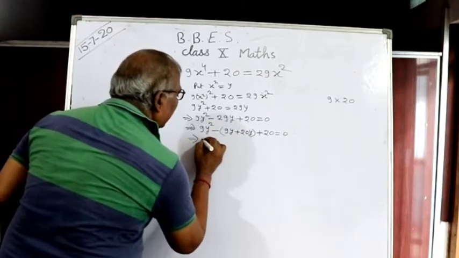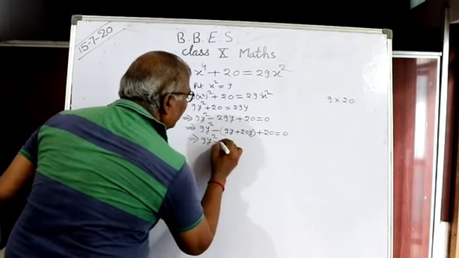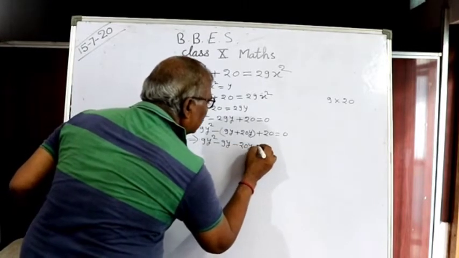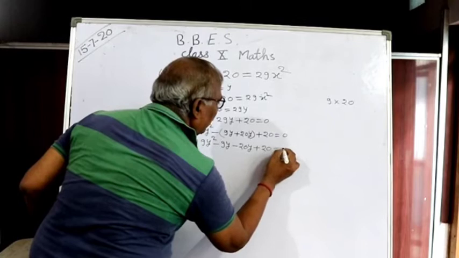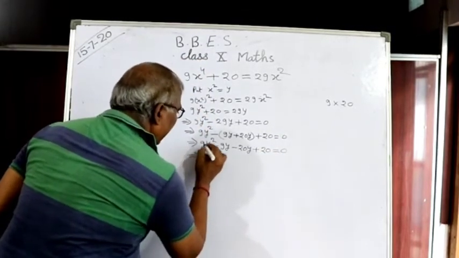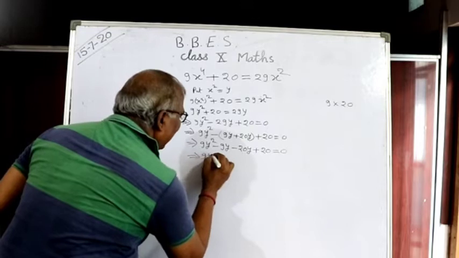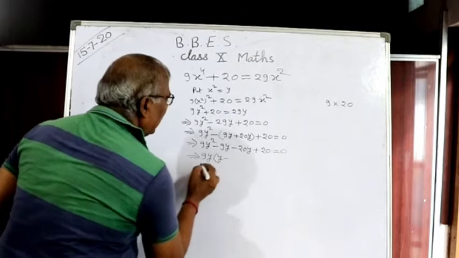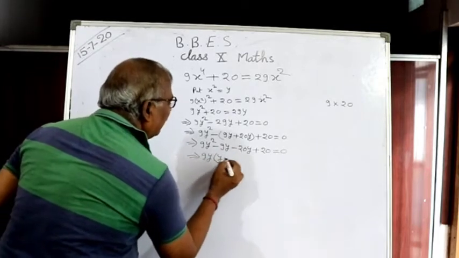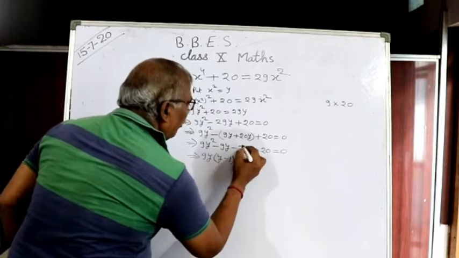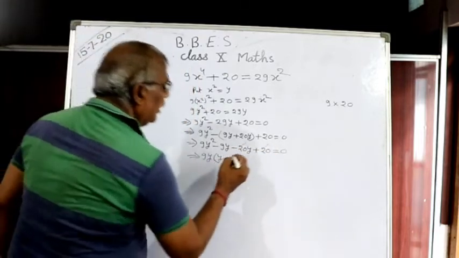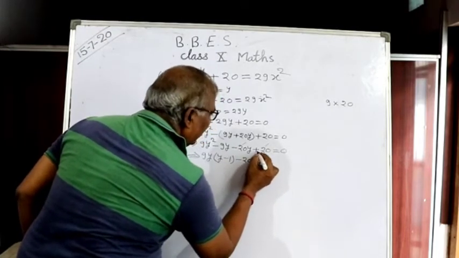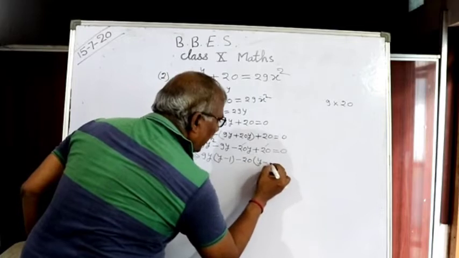Then we will write down here 9y square minus 9y minus 20y plus 20 is equal to 0. Now take out common: 9y is common, so we write y minus 1. Now 20 and 20 is common; taking out 20 common, we get y minus 1, and this sign will change into minus.